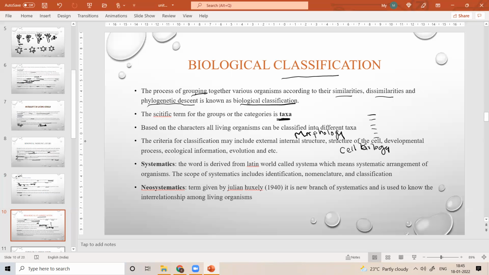So how do the organisms develop? That kind of features will be considered to classify the biological organisms.